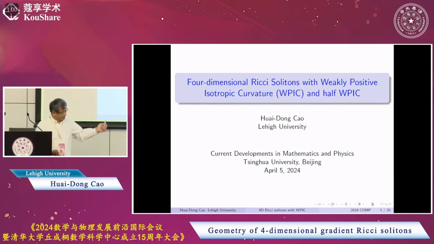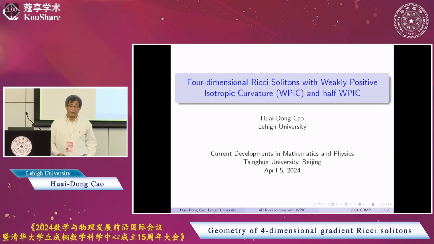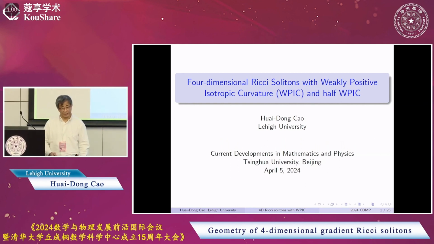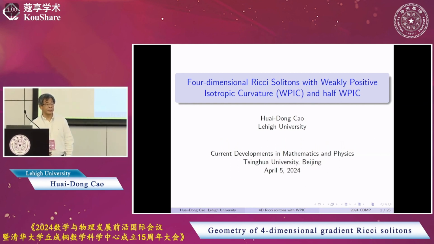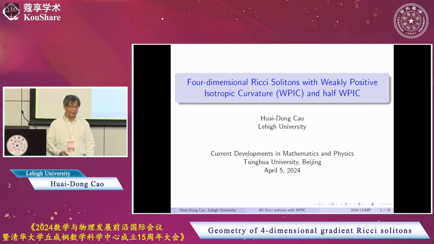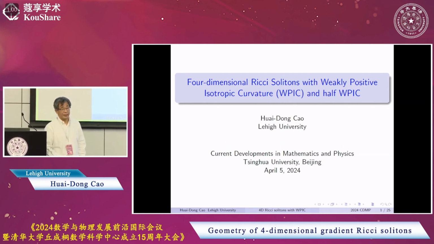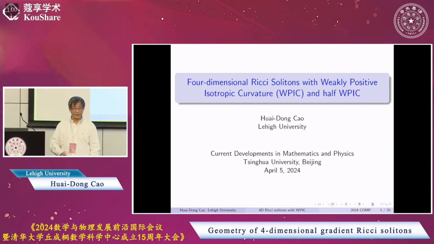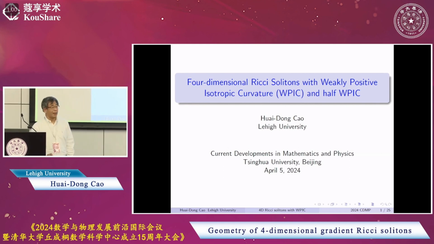Before I start the talk, I'd like to particularly thank Professor Yau again, because that's 42 years ago, exactly in spring, when Richard Hamilton came to Princeton Institute for Advanced Study, visiting Professor Yau, and presented his new work of Ricci flow on three manifolds.